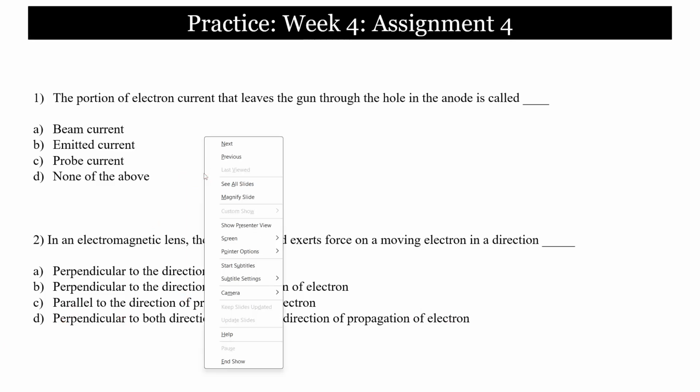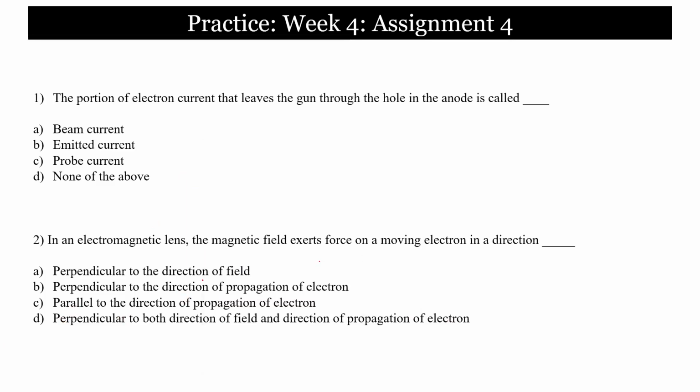So option D is the correct option, which we discussed in the initial slides. If the electron is coming in this way and the magnetic field is in this direction, this is the direction of magnetic field B, and this is the velocity of electron.